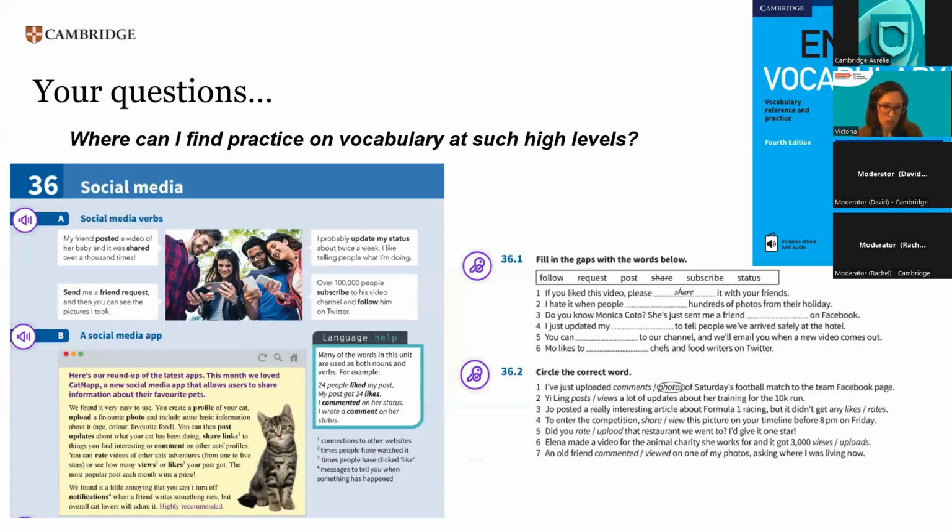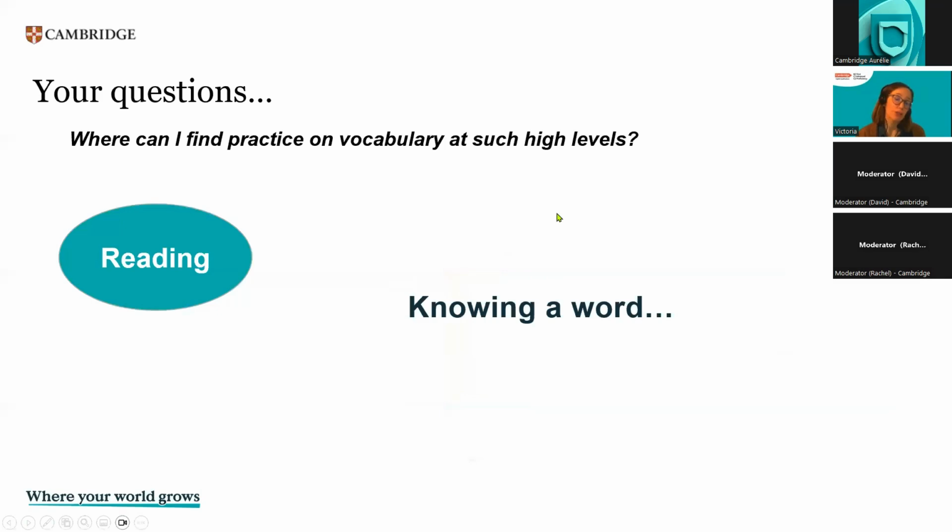So there is a lot there for you. And the good thing is that it is at the right level of ability, which is sometimes challenging when you get to higher levels. You have the explanation and then practice, which is connected to the theory. So that's an option. And of course, I would recommend reading a lot.